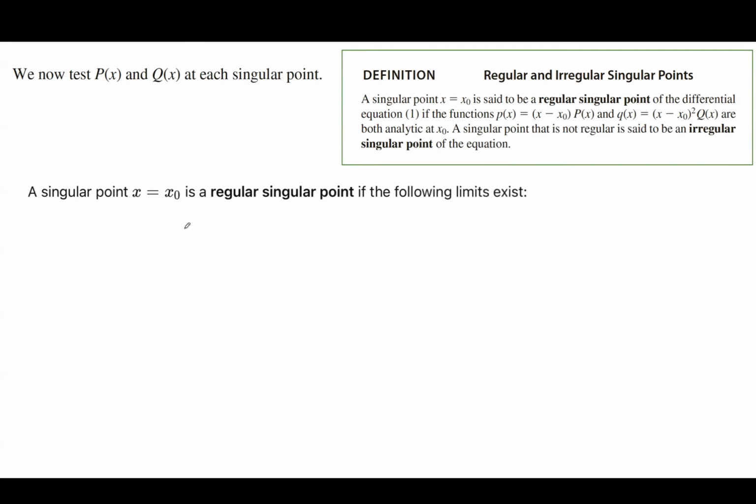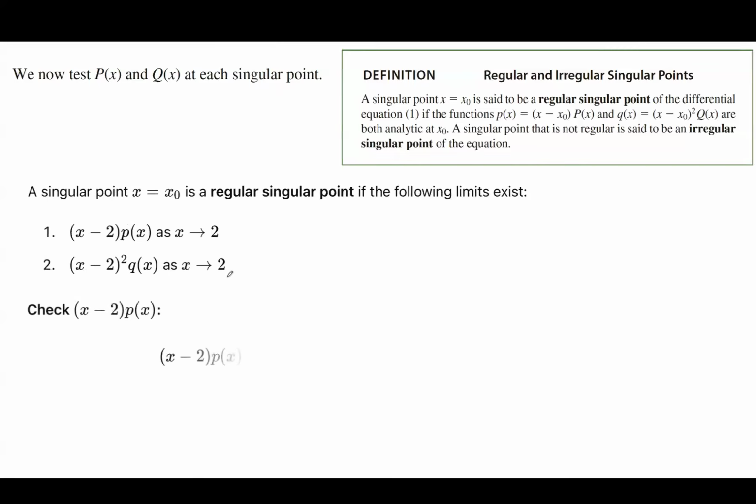A singular point x equal to x sub 0 is a regular singular point if the following limit exists. First of all, if you multiply p(x) by the linear factor x minus x sub 0 as x goes to 2, and (x minus 2) to power 2 by q(x) as x goes to 2, these two limits exist.